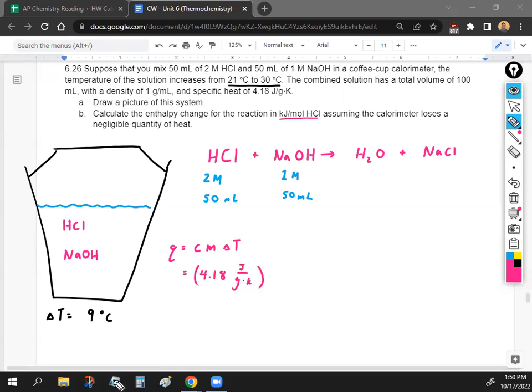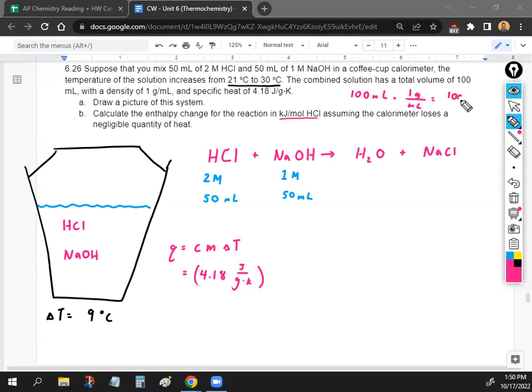Now, mass is the one that we need to calculate, right? Because we're trying to find the mass of the solution that's in here. Fortunately, we have a nice little conversion here. We have 100 milliliters of solution, and then it tells us the density, right? So if we multiply by the density, 1 gram per milliliter, what's the total mass?